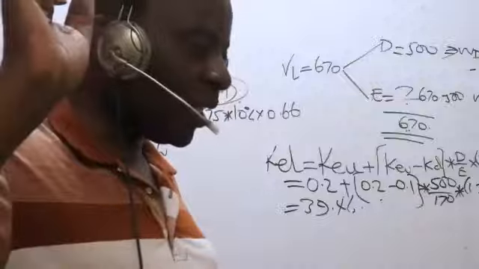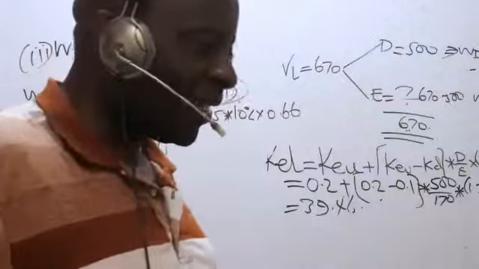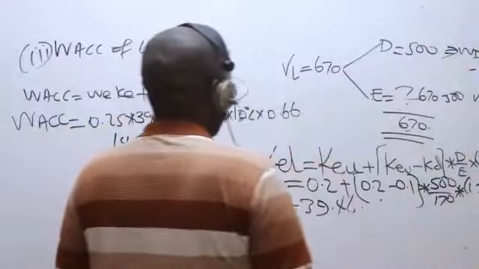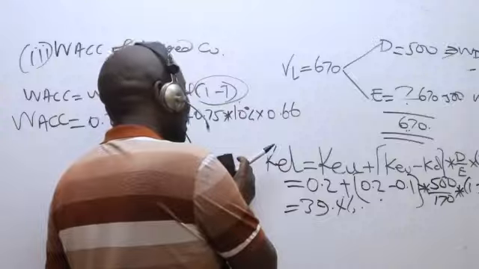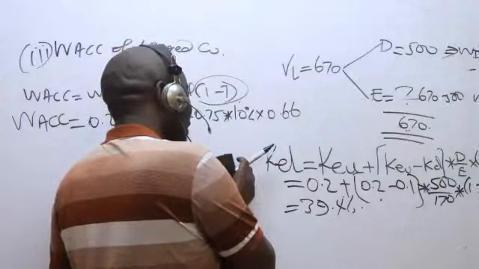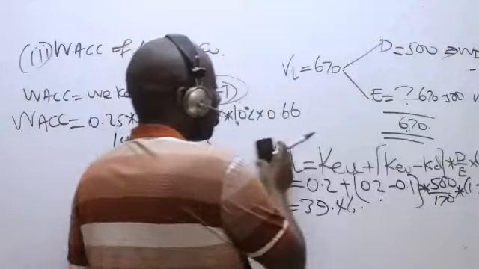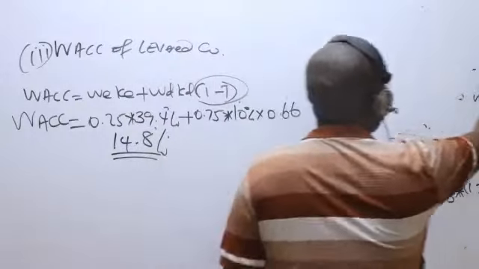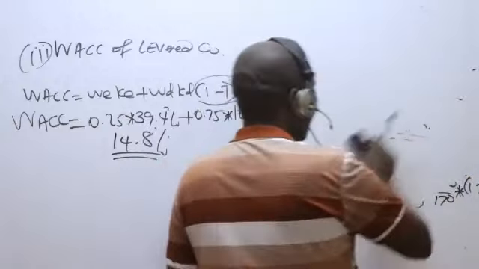So is that okay? There is one thing that you haven't yet answered me. Is that good or bad? So in this case here, you look at the WACC of the unlevered firm.